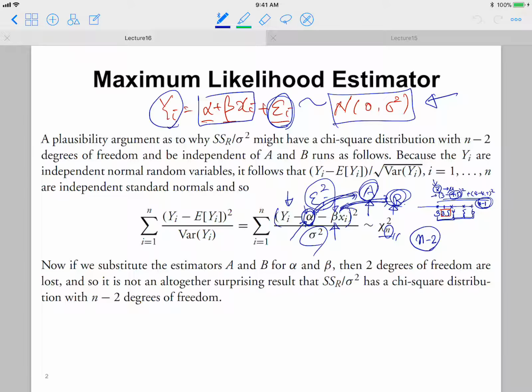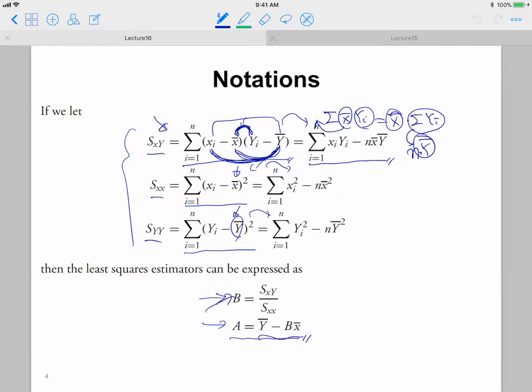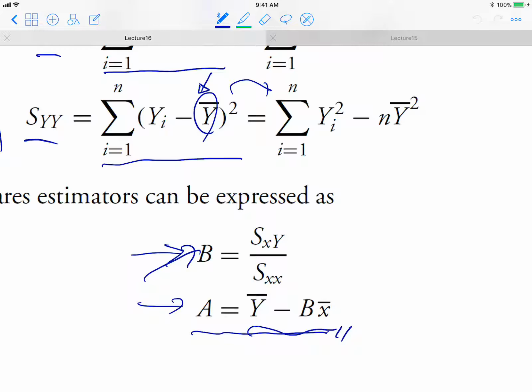So we obtained this, which is basically the ratio between the covariance between X and Y and the variance of X. So that will be obtained as our estimator for the slope parameter beta.